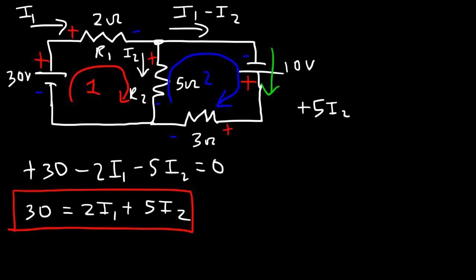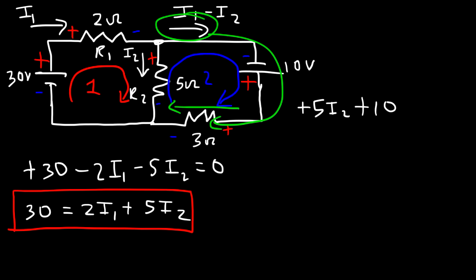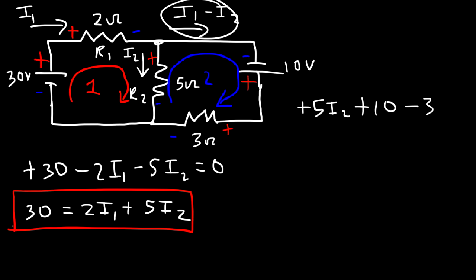So that's another voltage lift of positive 10. And then we need to travel in this direction, that is in the direction of this current as it goes this way towards the lower potential. So that's going to be a voltage drop. And so that's going to be negative 3 times this current, which is I1 minus I2.